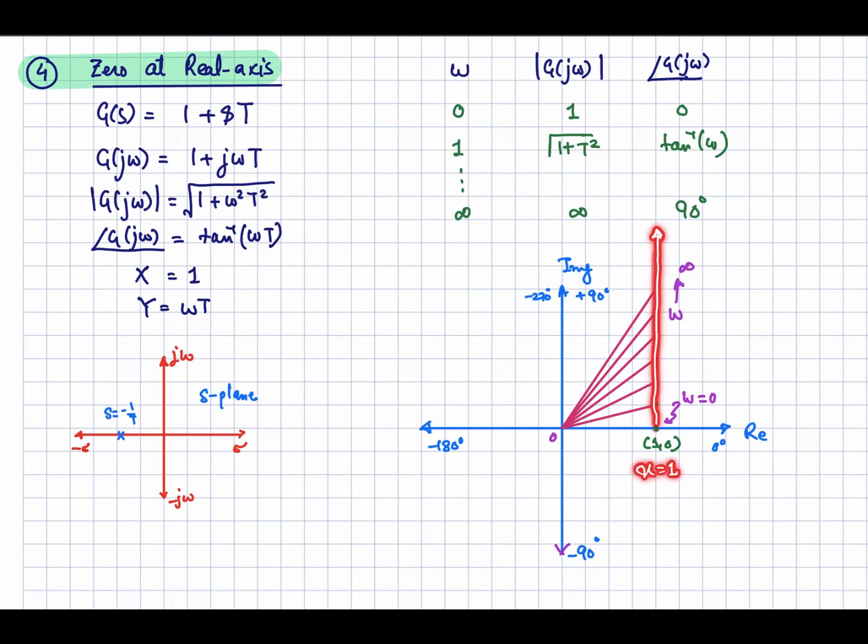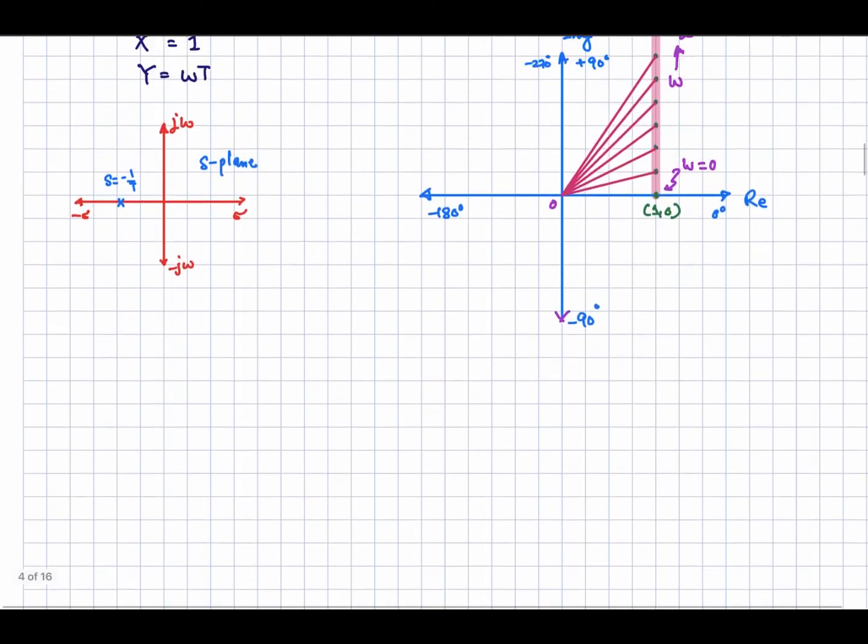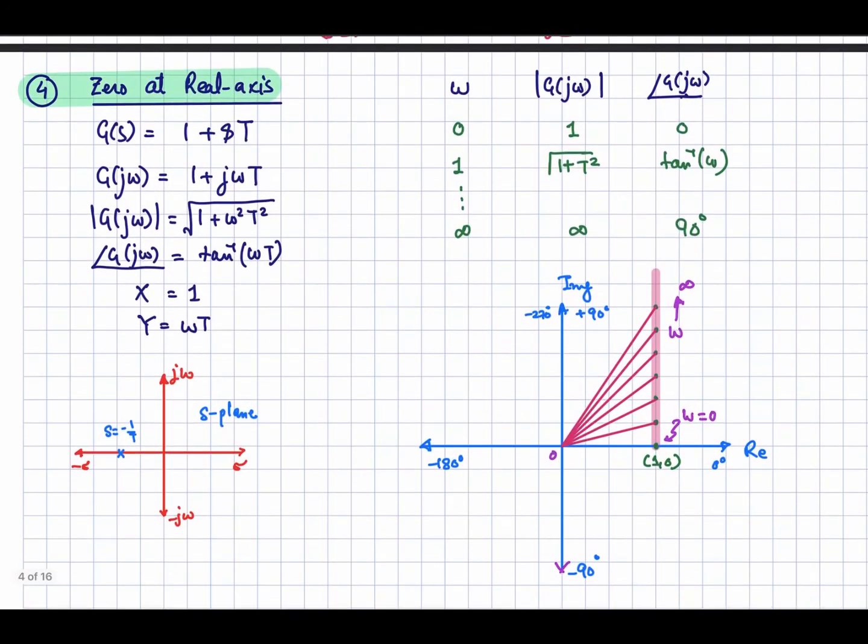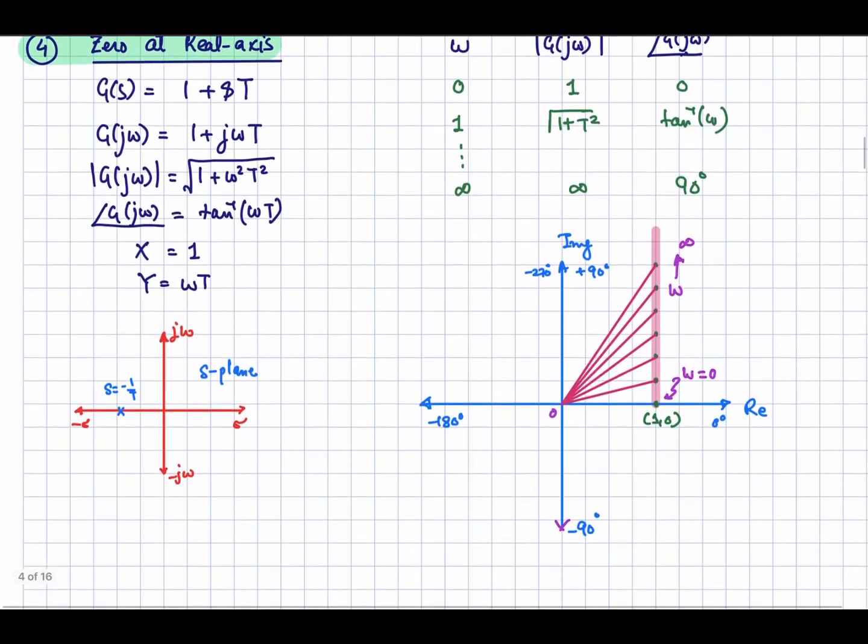The real part is 1, but the imaginary part is increasing, and finally when you approach infinity, your phase will approach +90 degrees. So at infinite frequency your phase will be 90 degrees, and your phase will increase as your frequency increases. So this is the polar plot of the 0 at the real axis.